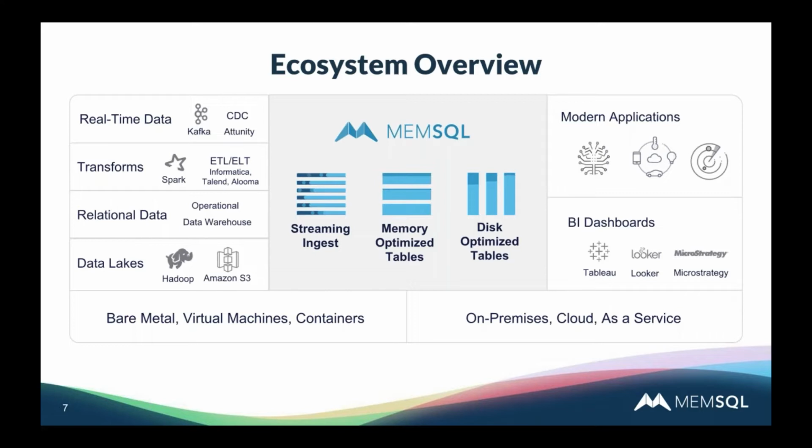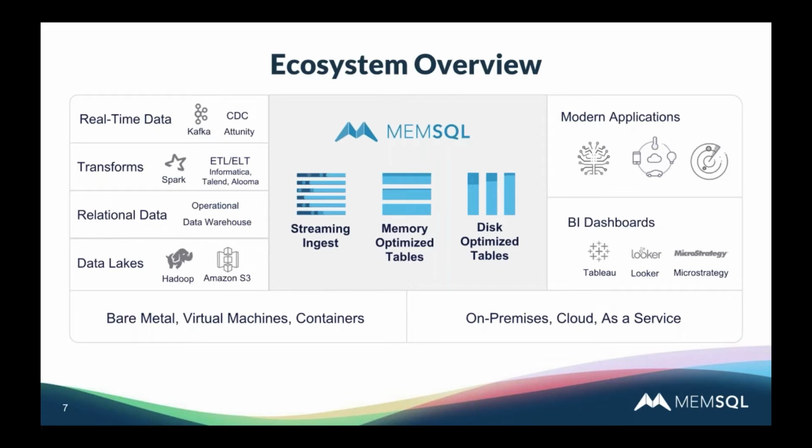And on the far right, you see that once you've got the data into MemSQL, you want to query it and report on it. So lots of application software already can connect to MemSQL because we use standard relational database connectivity capabilities like ODBC, and pretty much anything that can connect to a MySQL system can connect to MemSQL. So there's a tremendous ecosystem of application software that can use MemSQL.